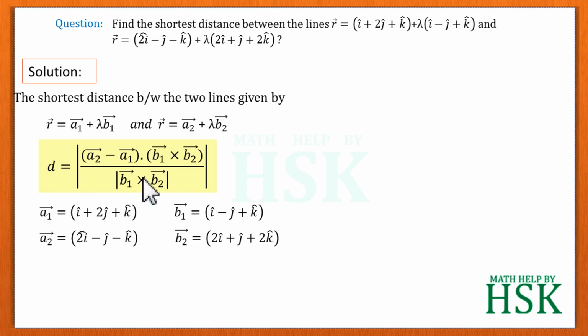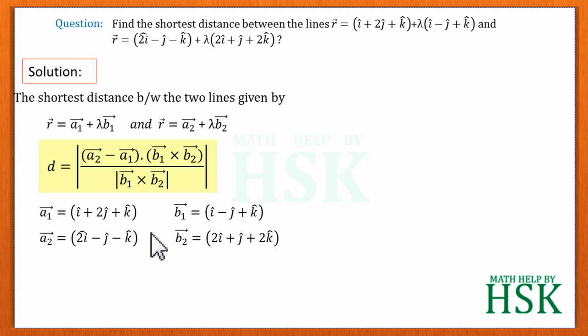To calculate d, we are not going to directly place all these values in this formula. First we calculate a2 − a1, then b1 × b2, then the dot product, then the modulus of b1 × b2. In this way the calculation becomes simple, we do not get confused, and the calculation is more accurate.